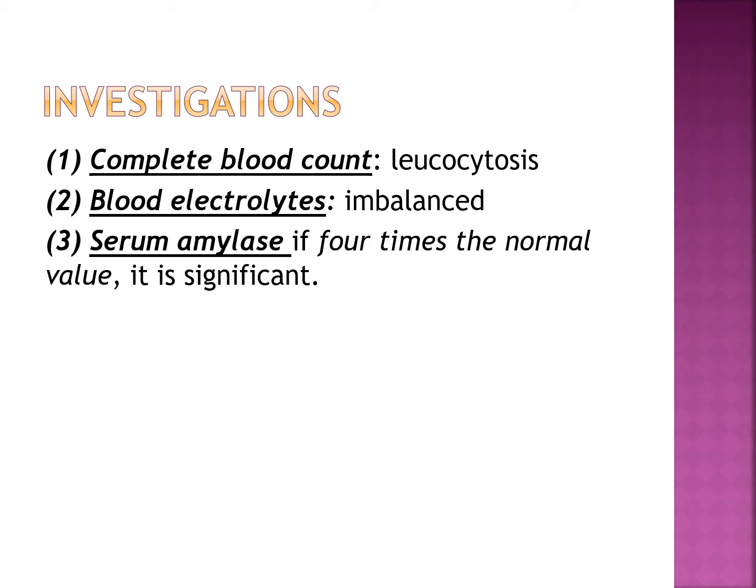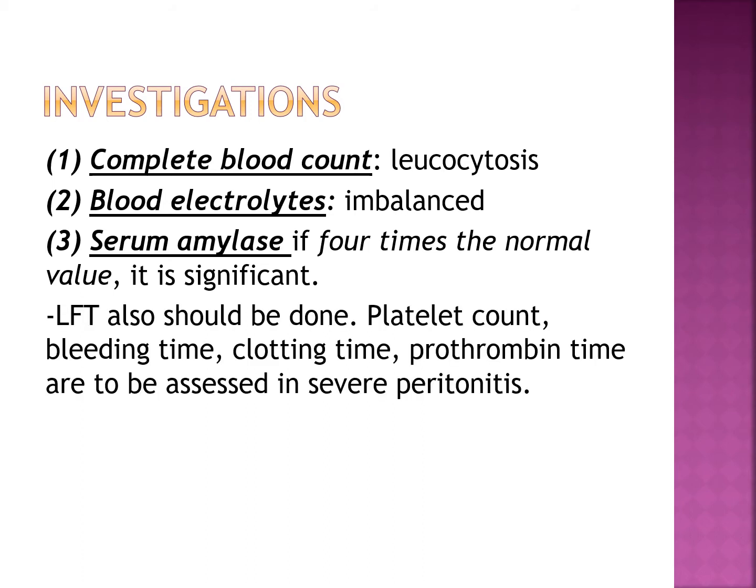So in early cases of acute pancreatitis, it can be elevated and used for diagnosis. Other laboratory investigations such as liver function tests, platelet count, bleeding and clotting time, and prothrombin time can also be used to assess the patient in severe peritonitis, especially when these patients need surgical intervention.